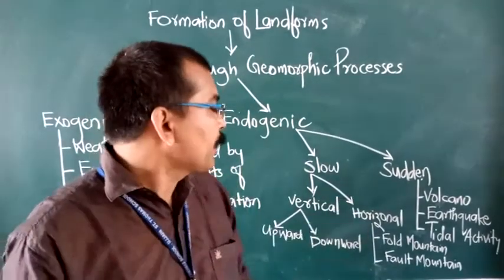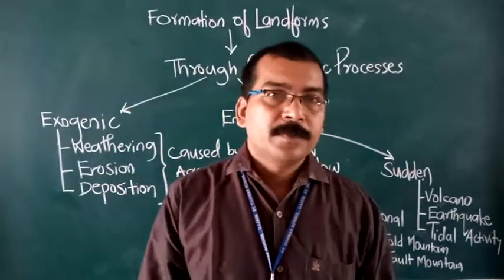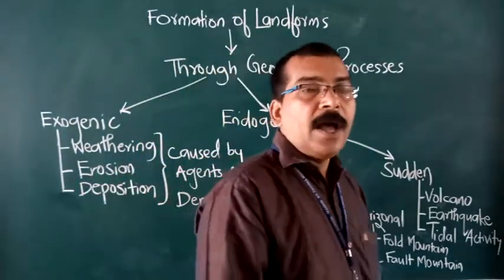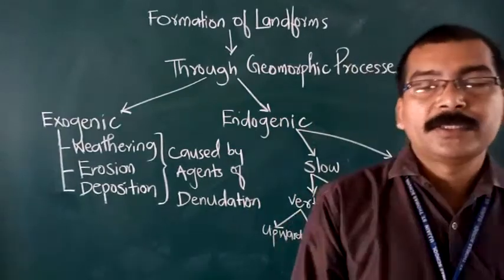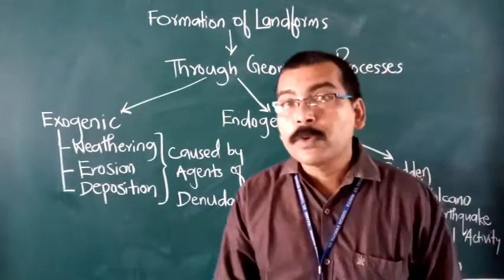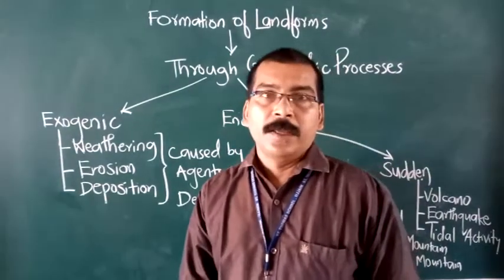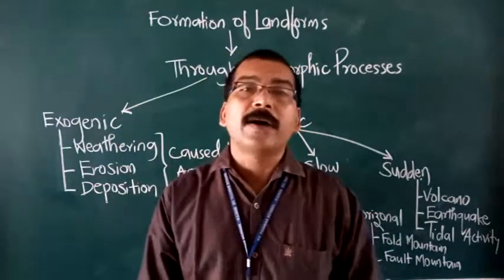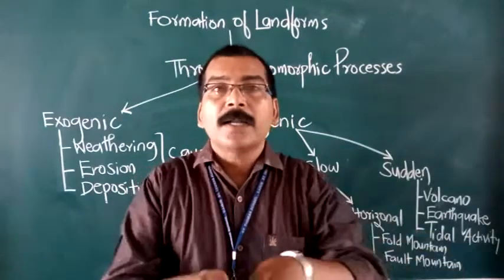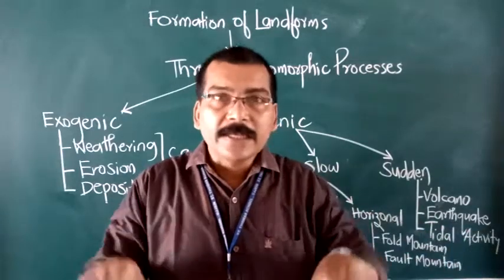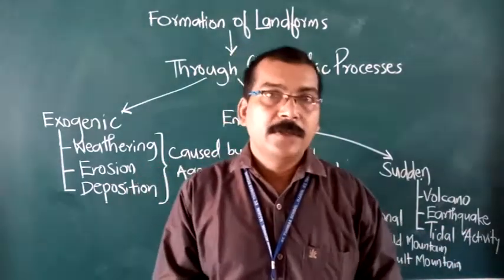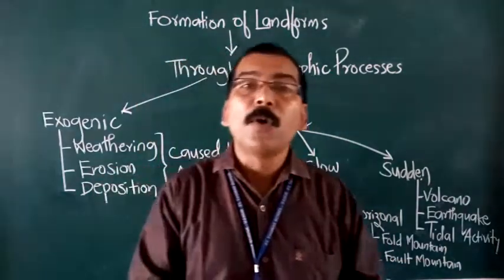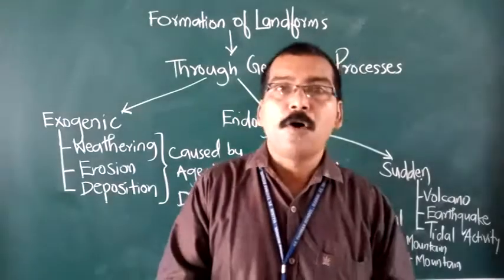Similarly, there can be another movement, that is a horizontal movement, and this horizontal movement is called orogenic movement. In an orogenic movement, two plates of the earth move parallel to each other and they collide, and as a result of this movement, mountains are formed.